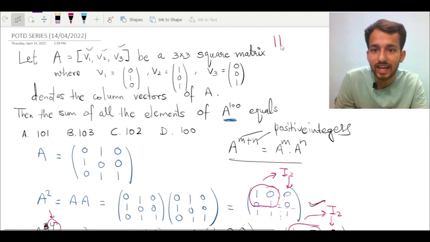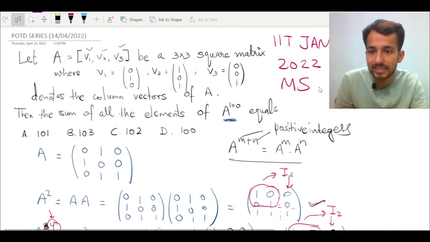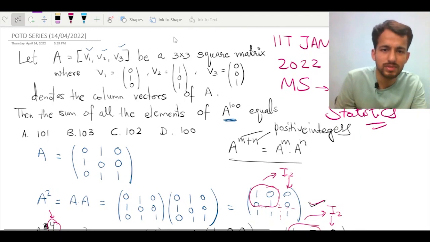It was asked in IIT JAM 2022 MS, that is the Mathematical Statistics paper, and I guess it was question number 16, you can go and check.